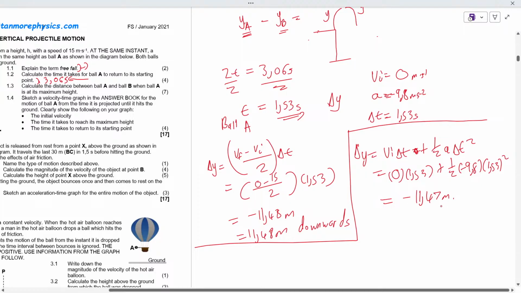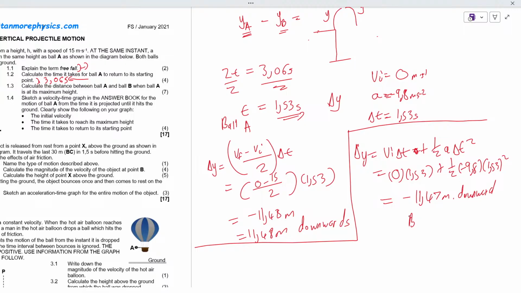Meters. So this is the distance of which ball are we talking about here? Here we are talking about ball B. So it's just going to be 11.47 meters downwards, and then this one is also downwards.